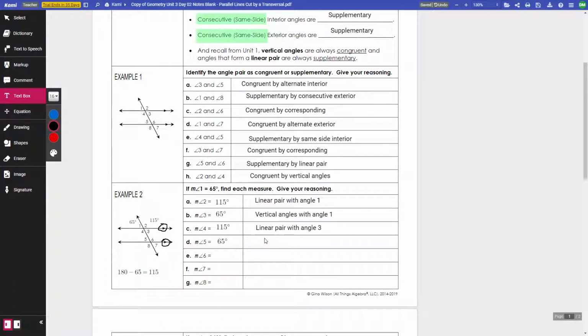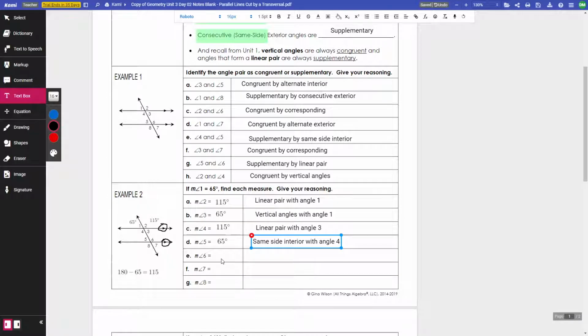Okay, I don't know what you typed, but I'm going to say that it is same side interior with angle 4. There were multiple reasons we could have used. We could have used corresponding with angle 1, or alternate interior with angle 3. But I'm going to go with one of the supplementary pairs and say it is same side interior with angle 4. So these two have to add up to 180.